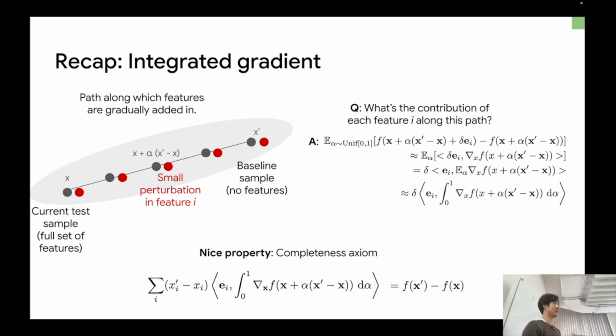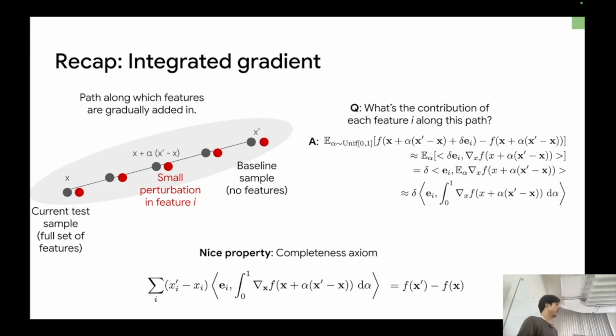And why do you do that? That also looks a little bit arbitrary, but there's the goal, which is the completeness axiom. So if you attribute every feature i in this way, and you sum over all these attributions for all i, then that gives you exactly the total difference between the function values f of x prime and f of x.